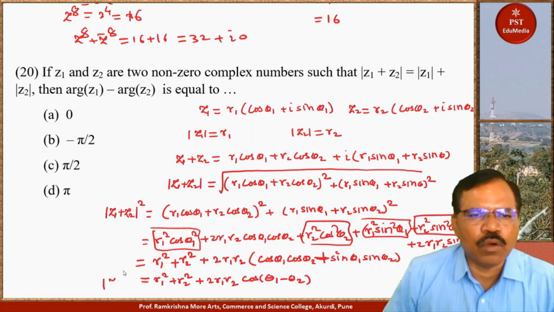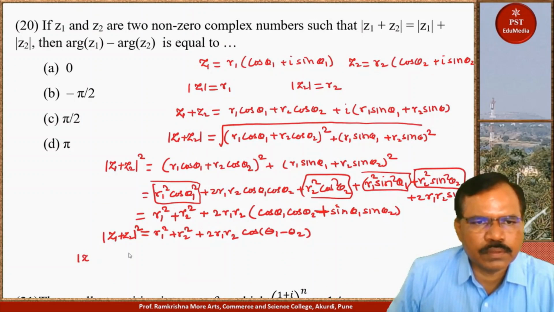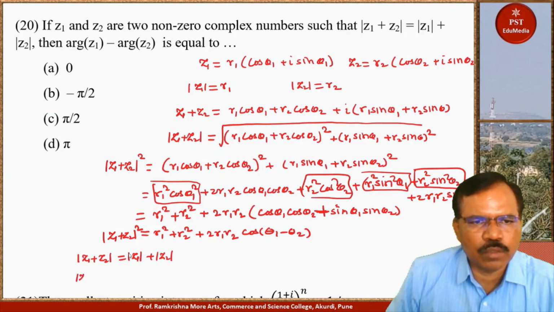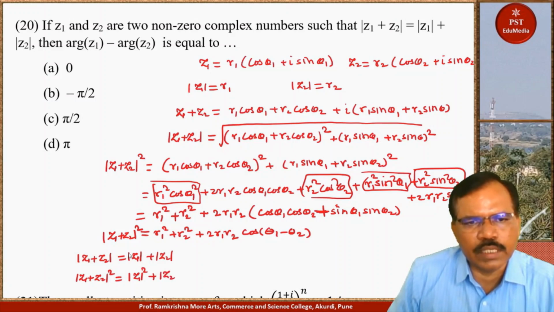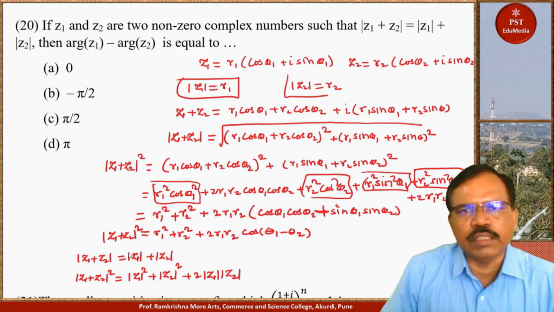So this is modulus of Z1 plus Z2 square. And what is our equation? Modulus of Z1 plus Z2 is equal to modulus of Z1 plus modulus of Z2. If we square this, we get modulus of Z1 plus Z2 square is equal to modulus of Z1 square plus modulus of Z2 square plus 2 times modulus of Z1 into modulus of Z2. Now modulus of Z1 is R1, modulus of Z2 is R2.